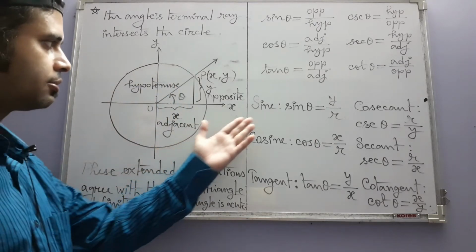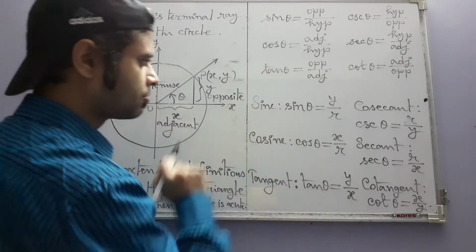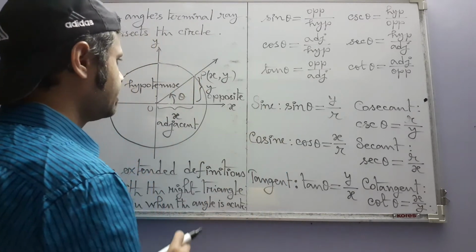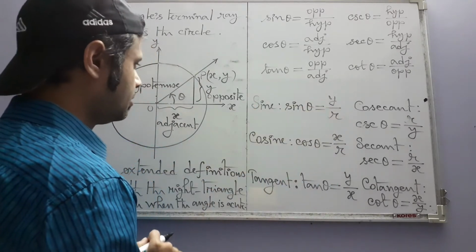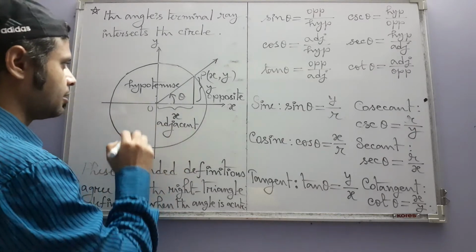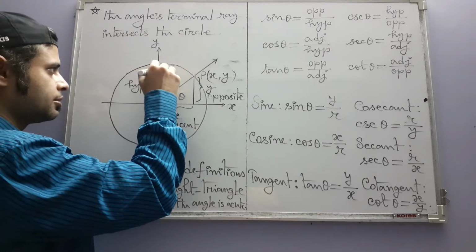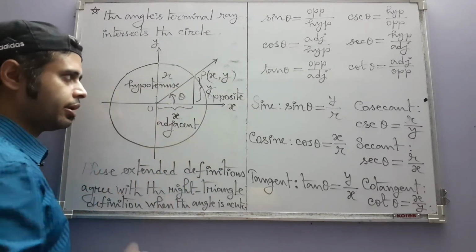Let us now try to see if we get the same thing. Let's first look at sine theta. Sine theta is, by the new definition, y divided by r. Now because the radius of this circle is just like before r, the hypotenuse length is r, opposite length is y, and adjacent length is x.